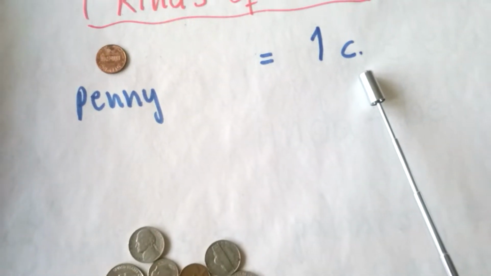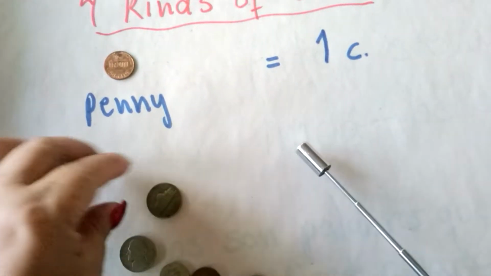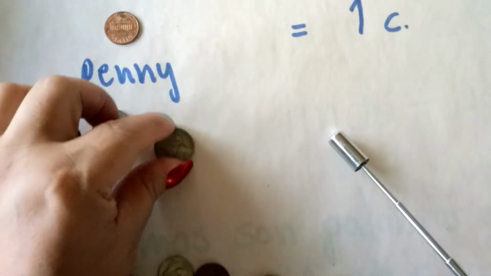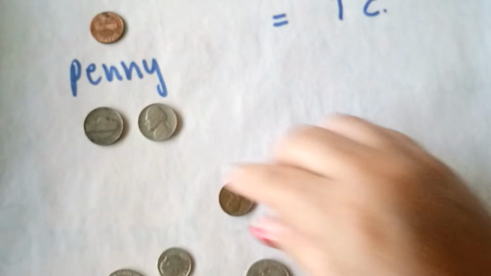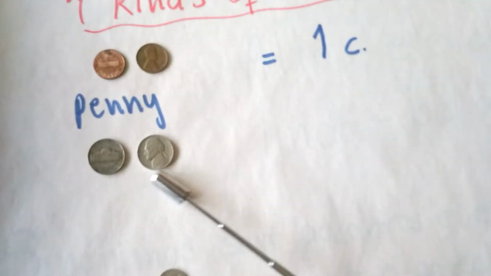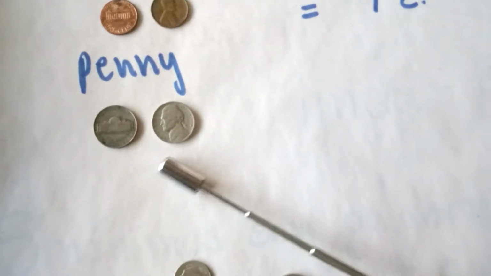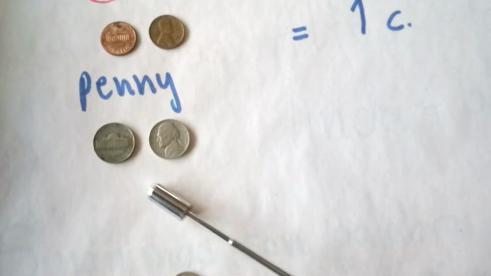Now we have the second coin. The second coin is this. Do you remember? This is worth 5 cents, but what is the name of this coin?